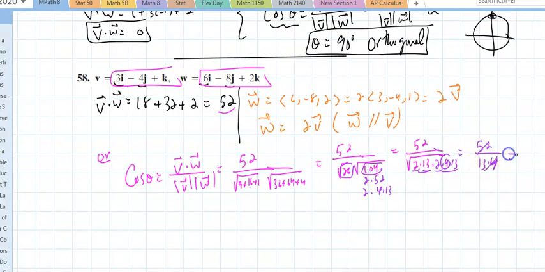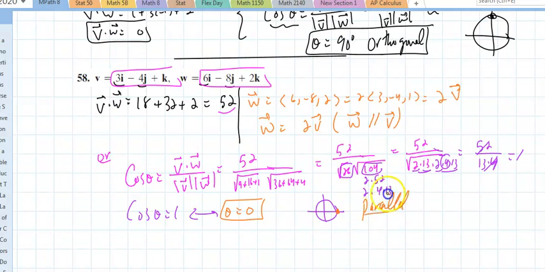So that turns out to be a 1. And I know that if the cosine of theta equals 1, that means what? Right? And if the angle is 0 or 180, we know that these are parallel. We're going to stop here for this section.